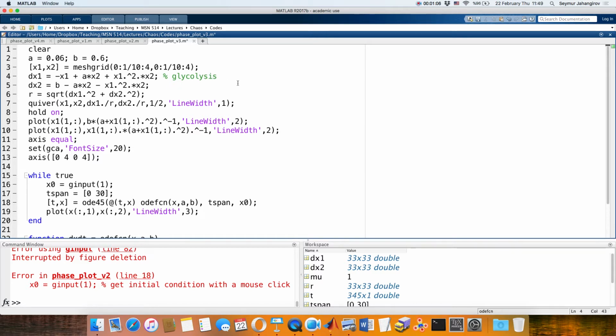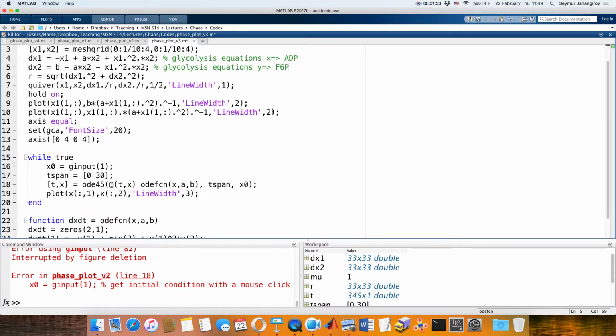Is this correct? Glycolysis equations. X corresponds to ADP, right? And again, glycolysis equations. Y corresponds to what? F6P. Very good.